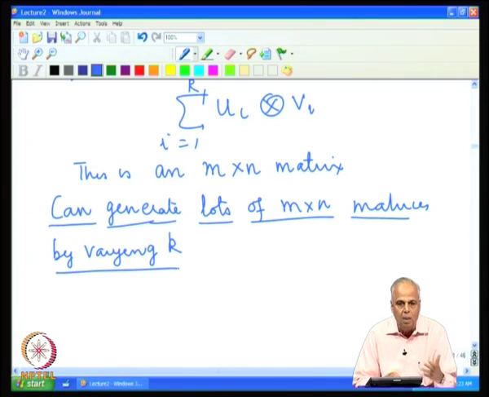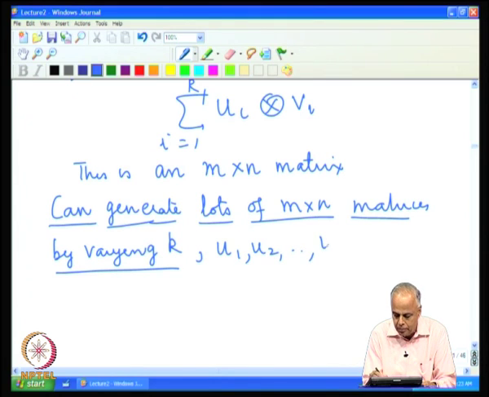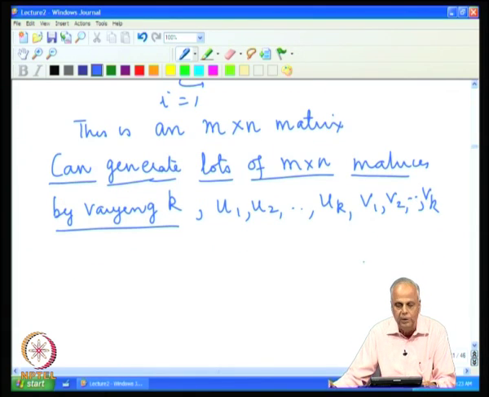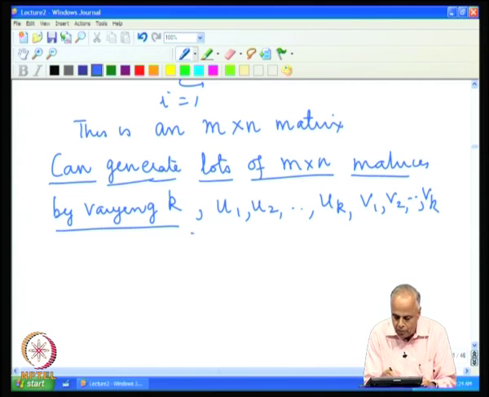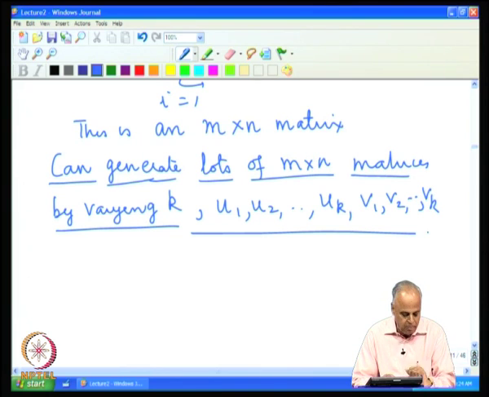So, you can choose the number of tensor products that you use, and we can change the u1, u2, ..., uk, we can vary the v1, v2, ..., vk. So, we have lots of options of changing these combinations, and each time we may end up generating more and more different m by n matrices. So, we can generate a lot of m by n matrices by this process of tensor product sum.